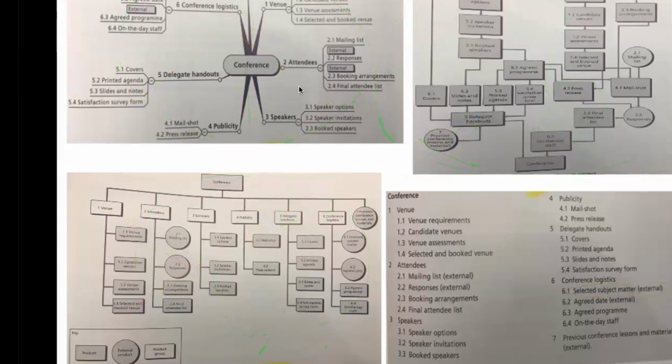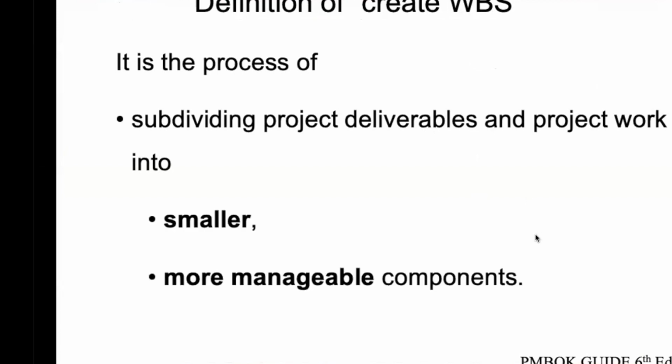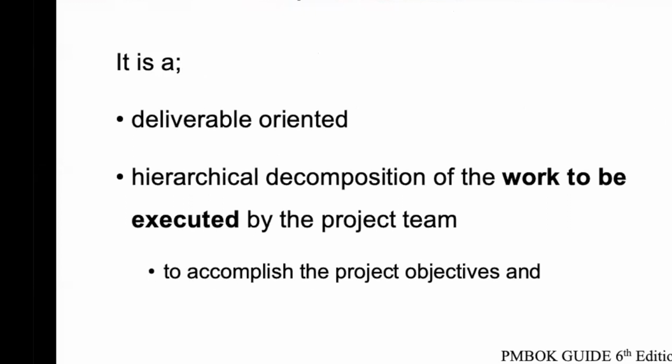Okay, so we talked already a lot about WBS. You subdivide the project deliverables into smaller and more manageable chunks to make it more understandable. It's kind of a hierarchy. For example, think about furnishing a classroom.